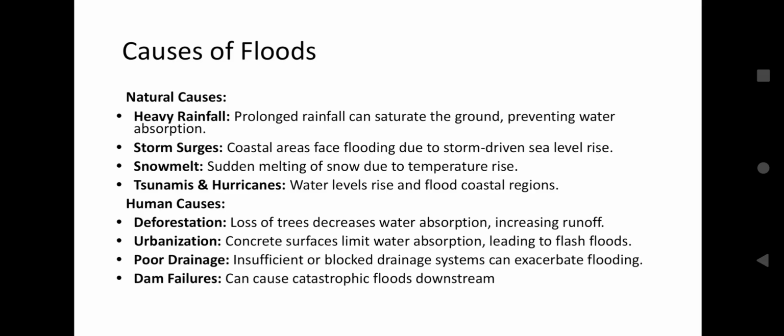Poor drainage, for example near the Chennai and Mumbai areas. An insufficient or blocked drainage system can accelerate flooding. For example, in Chennai, you can see that every year the flood comes continuously.